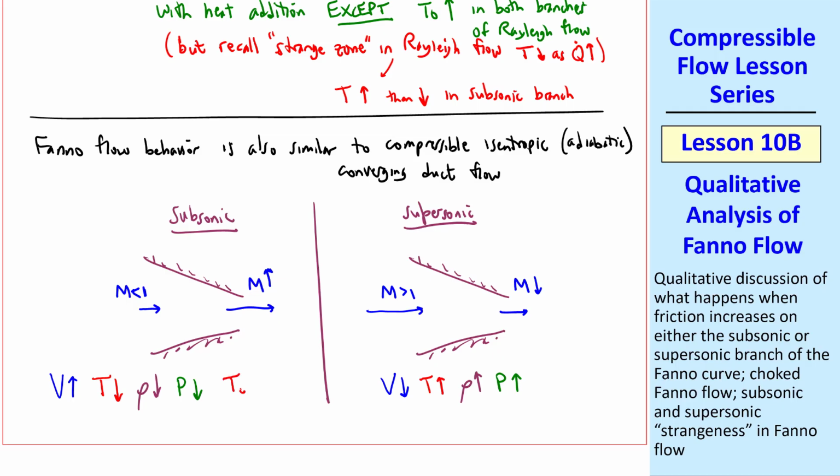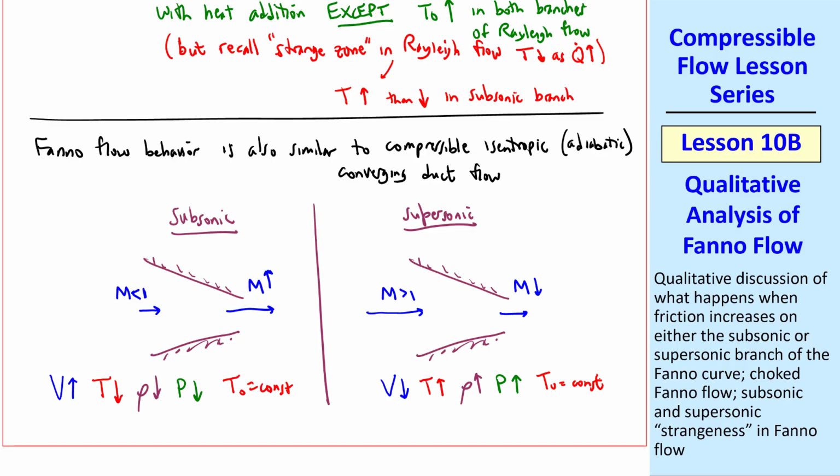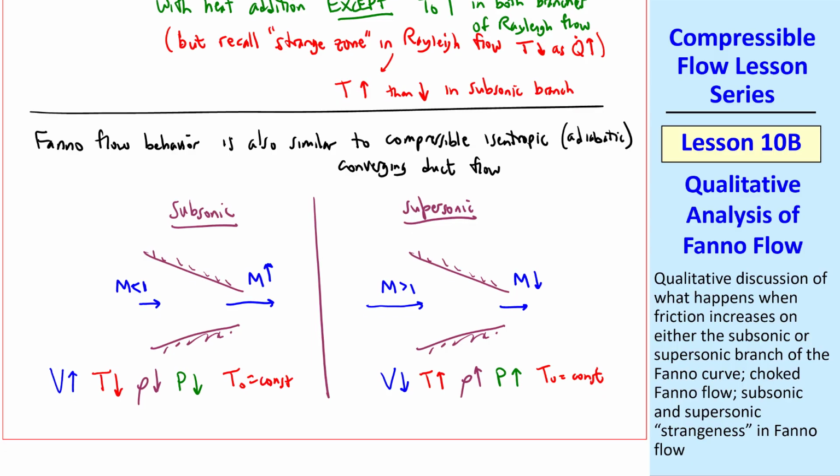In both cases, T0 is also constant, which is also the same as our Fanno flow. But there are differences. Entropy remains constant in converging duct flow, since this is isentropic adiabatic flow. And since we don't lose any oomph, stagnation pressure also remains constant.